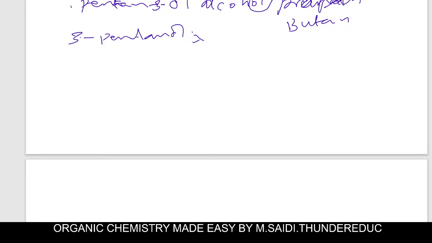Haloalkanes are also derived from alkanes, whereby one hydrogen on a carbon atom has been replaced with a halogen. We call it haloalkane.